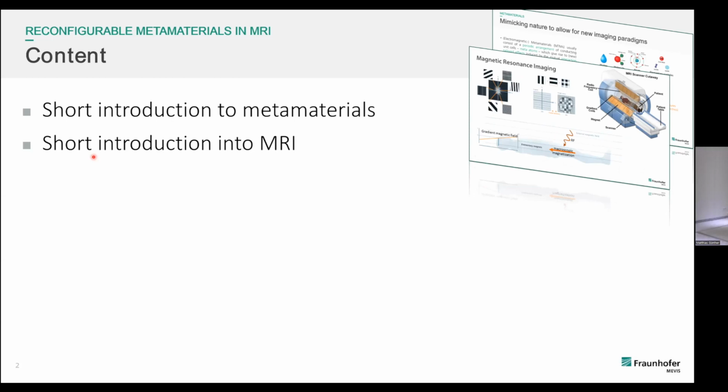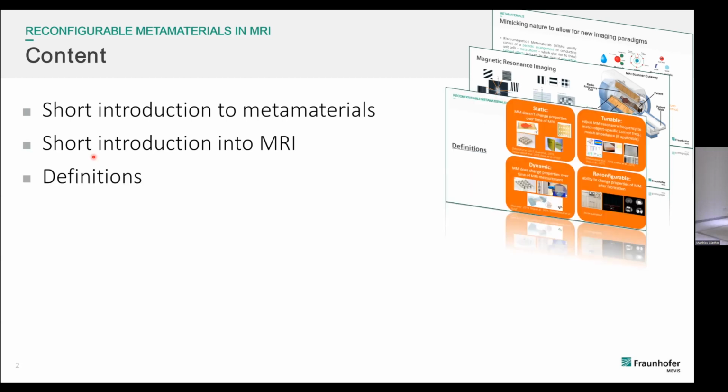Nonetheless, I want to very quickly go over the few different components in MRI which are necessary for imaging purposes, which can be modified with metamaterials. And I will talk a little bit what properties are relevant when we are talking about metamaterials in magnetic resonance imaging.